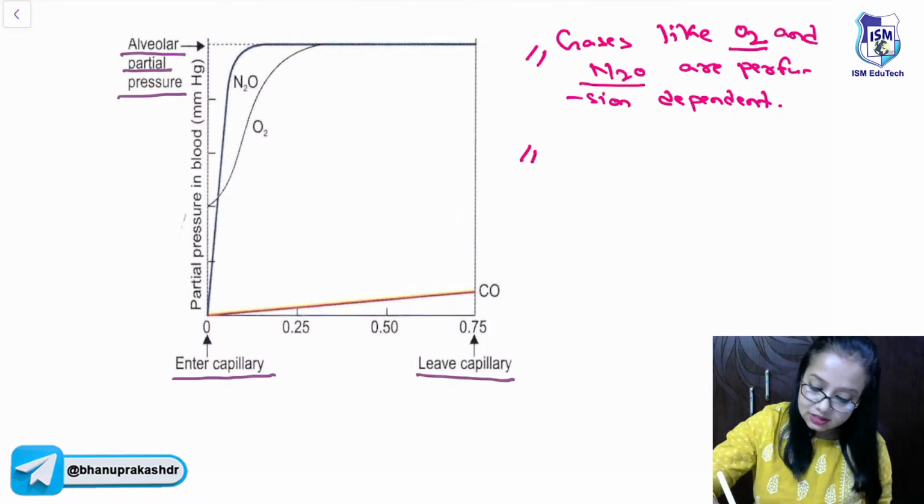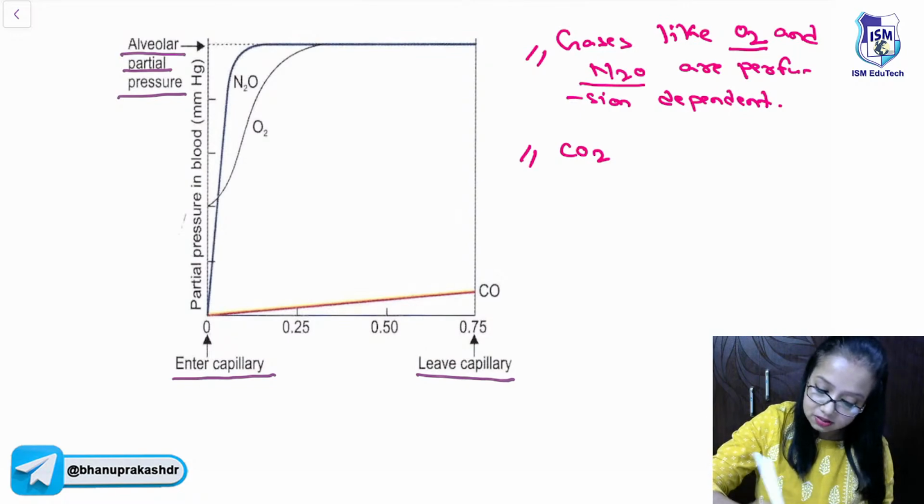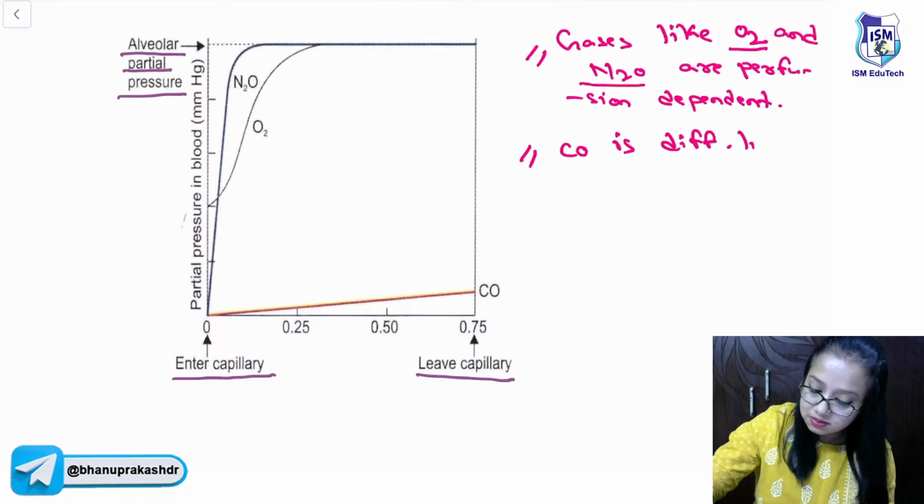Whereas carbon dioxide, or rather most importantly carbon monoxide, is diffusion limited. Now, what is diffusion limited?